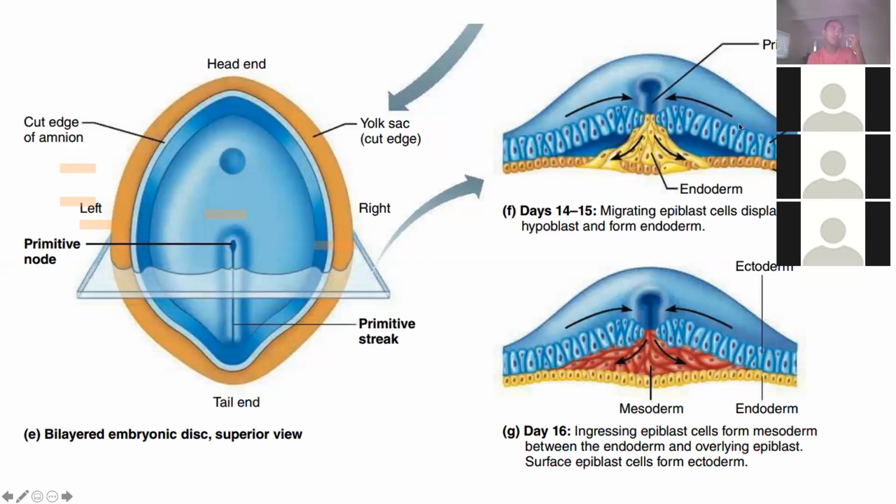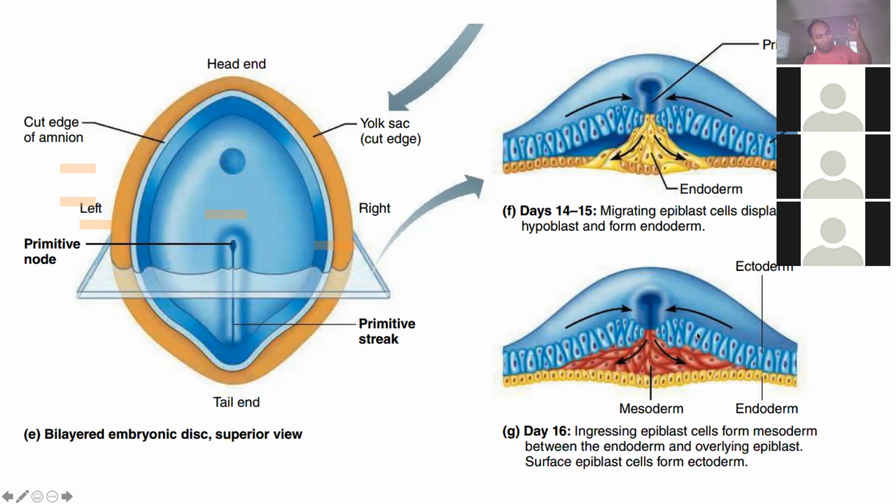It is because of the epiblast which invades into the hypoblast that the hypoblast becomes the endoderm. It doesn't stop. The epiblast keeps doing the job again and again. It will gradually develop some more cells which will become the red color-coded mesoderm. And finally, the epiblast itself changes into the ectoderm.